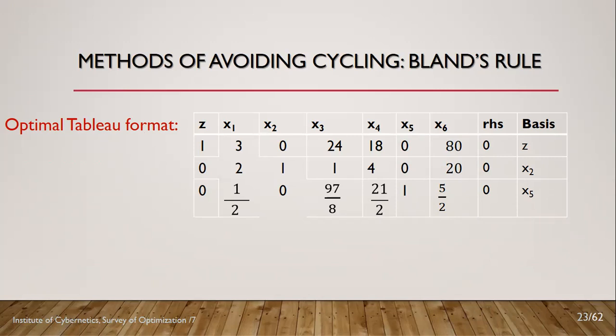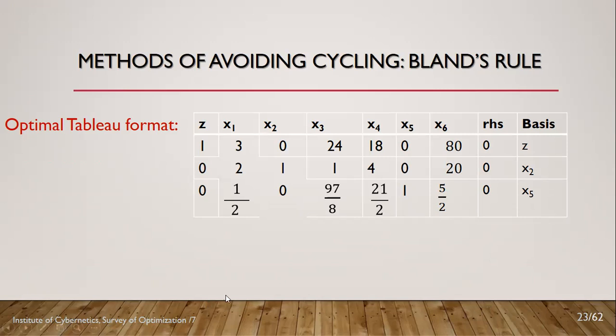By following Bland's rule, we have arrived at an objective where all the coefficients are non-negative in the dictionary format, and this fact proves the optimality. So the last tableau proves the optimality, that z is equal to 0. We have justified this value as the optimal one, and we terminated the iteration.